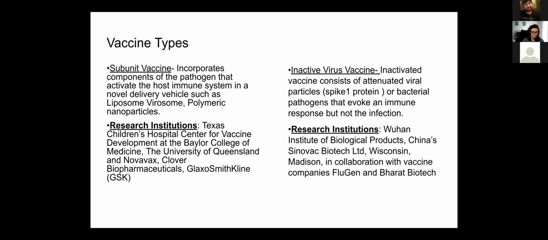The one that actually first started was the Institute of Biological Products, and they actually tried to culture this into, I believe, a sort of rhesus monkey cells. So they've actually done that on animals, and now they're on phase 3, as that paper had confirmed.